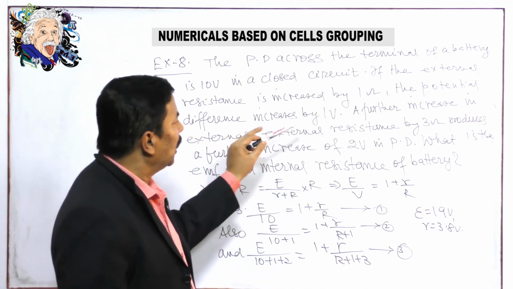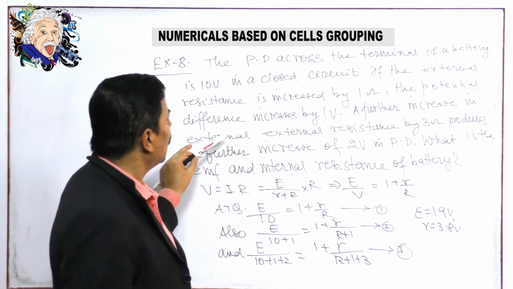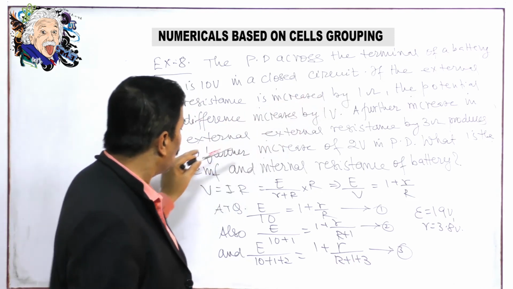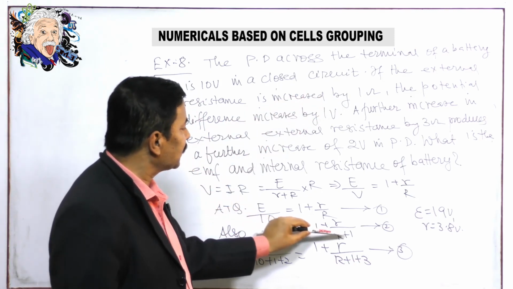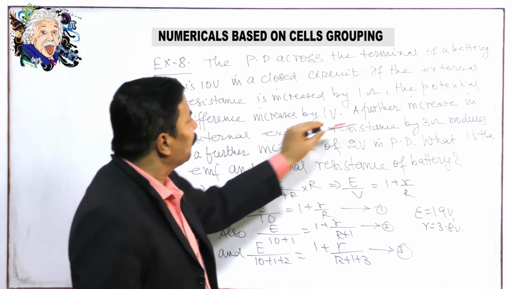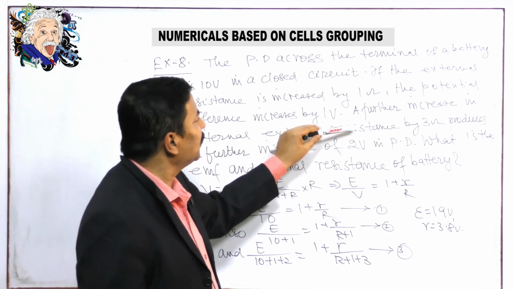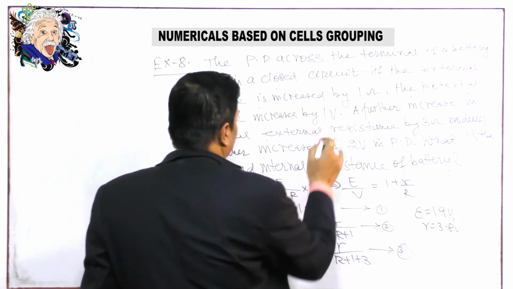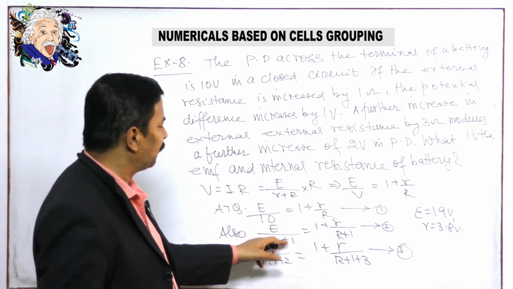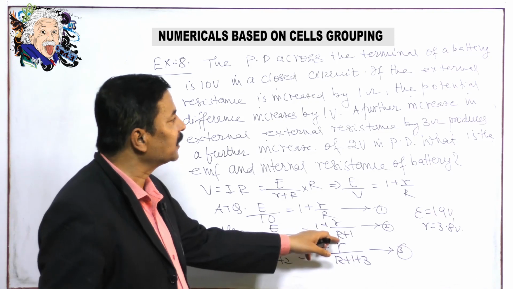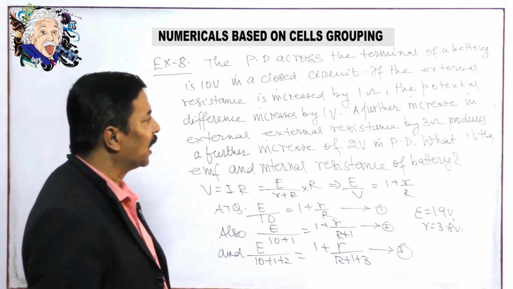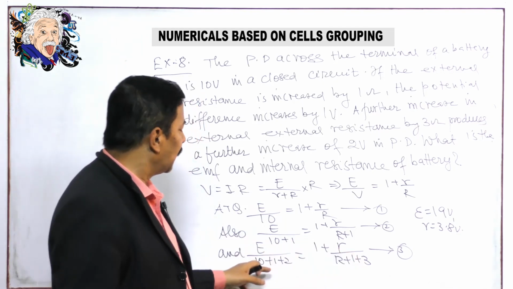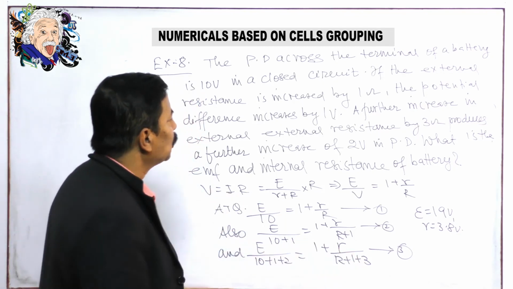If the external resistance is increased by 1 ohm, the potential difference increases by 1 volt. In the second condition, it is given that if the resistance is increased by a further 3 ohm, then the potential difference increases by a further 2 volt.